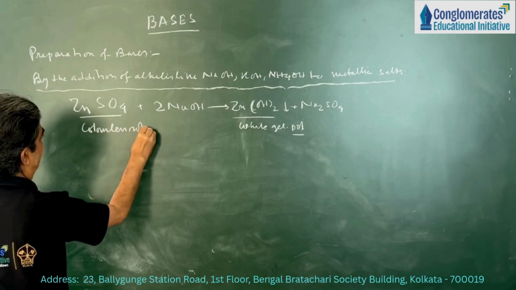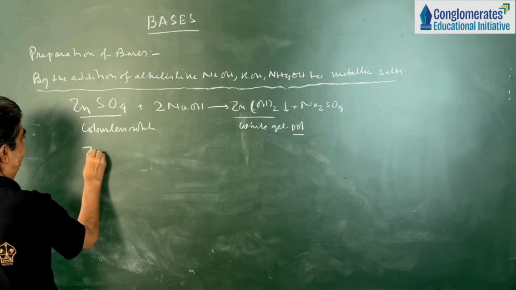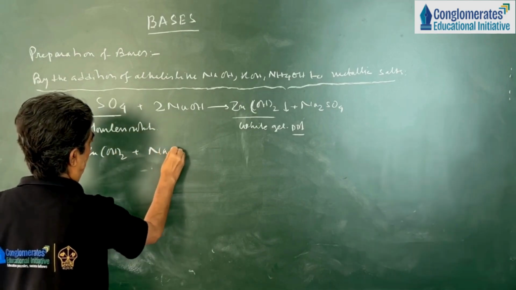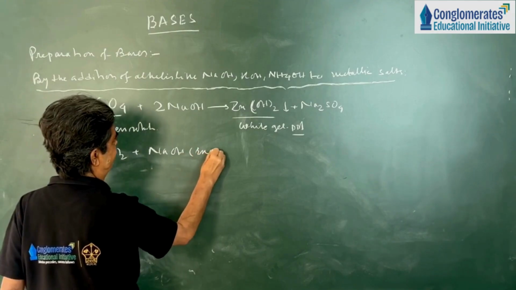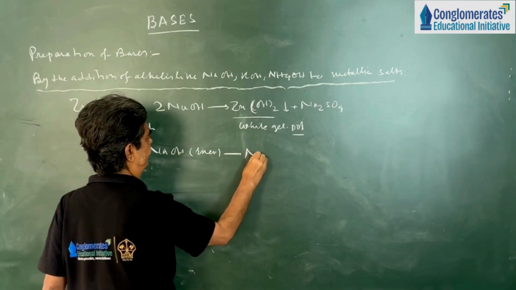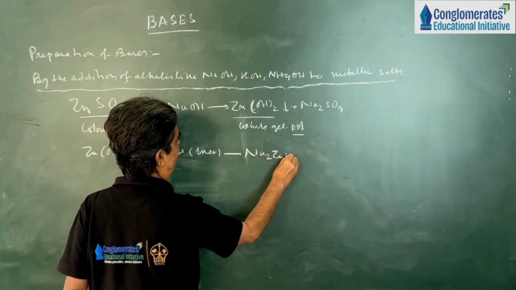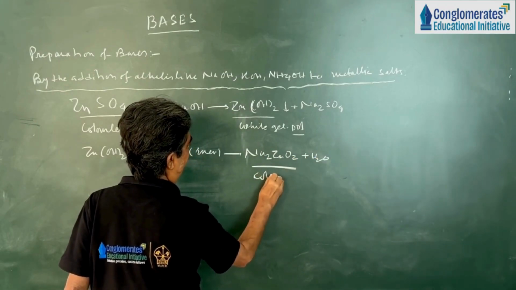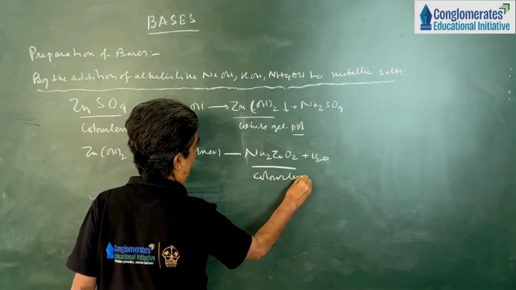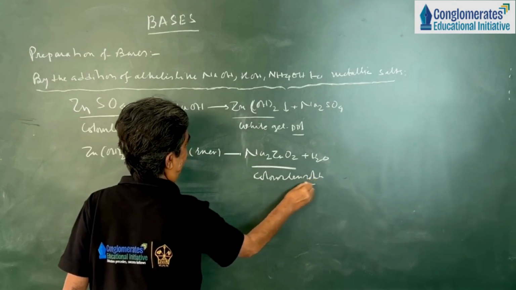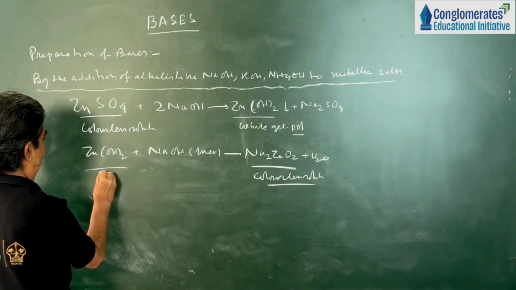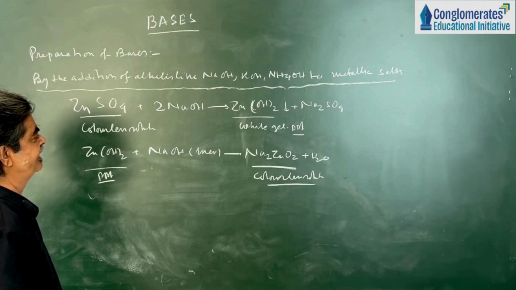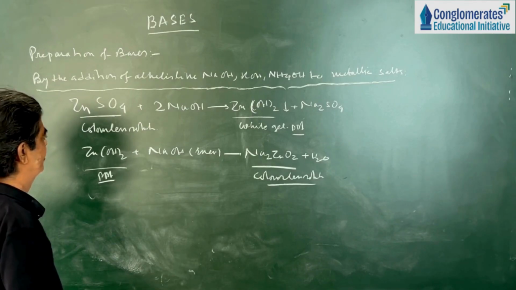This is colorless solution. But this precipitate dissolves in excess NaOH due to the formation of sodium zincate plus water. This is colorless solution. This is precipitate. This precipitate dissolves with the formation of sodium zincate, which is soluble in water, so it is a colorless solution.